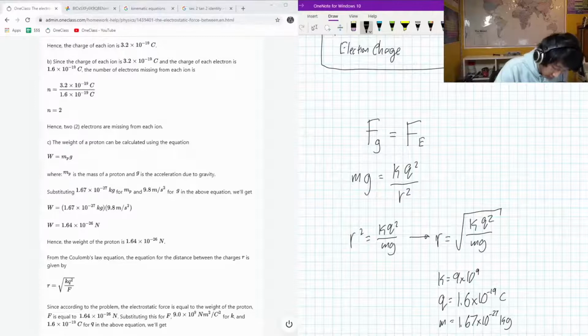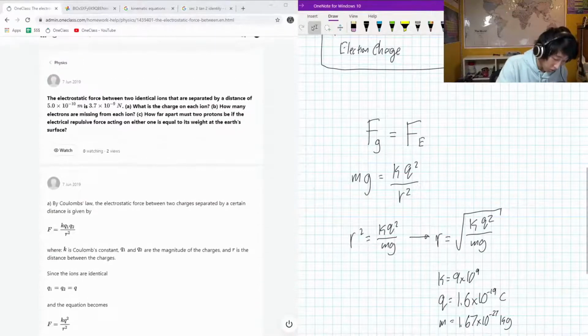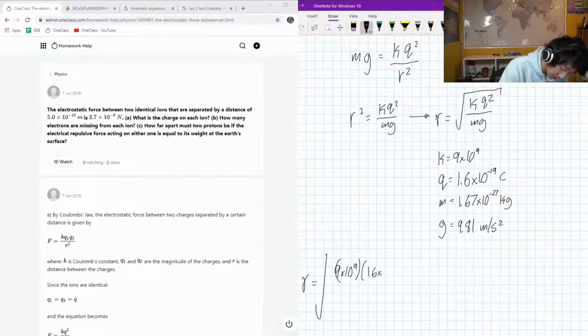And the acceleration due to gravity is 9.81 meters per second squared. Okay, so subbing all of these into our equation, R is equal to, under the root, k, 9 times 10 to the 9, multiplied by q squared, 1.6 times 10 to the negative 19, all squared, divided by mass, 1.67 times 10 to the negative 27, multiplied by gravity on the downstairs, 9.81.